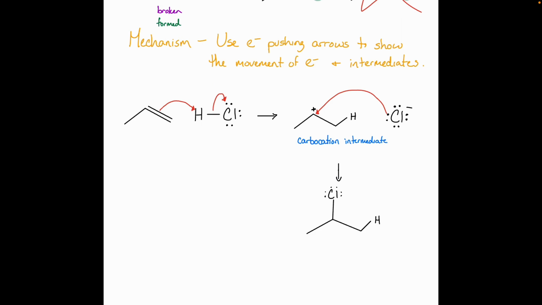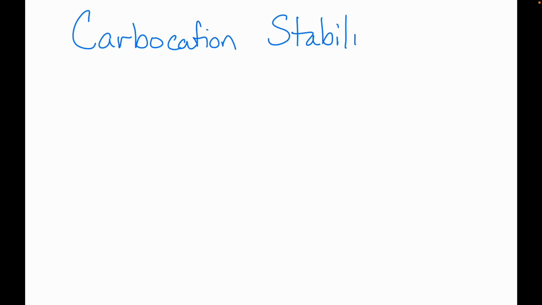Okay? So in order to understand why that is, we got to talk about the stability of carbocations. All right, so first of all, we have this classification for carbons.